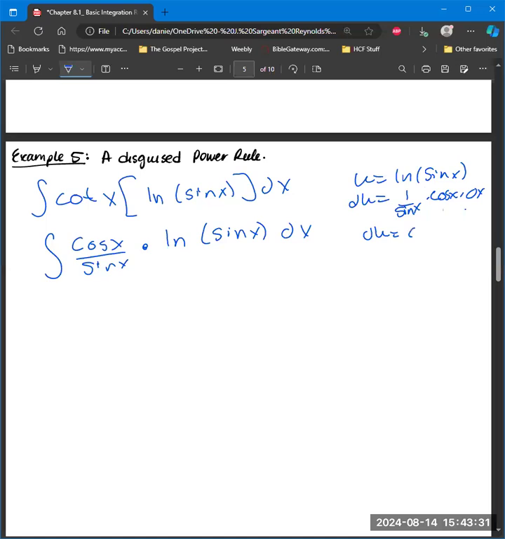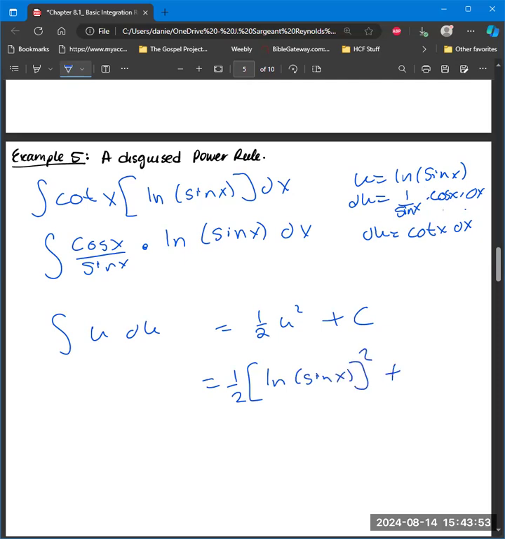So du equals cotangent x dx. So we have u du, which is going to turn into 1/2 of u squared plus c, which is 1/2 of ln of sine x squared plus c.